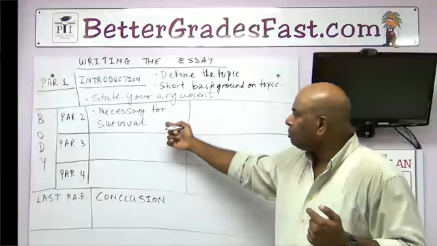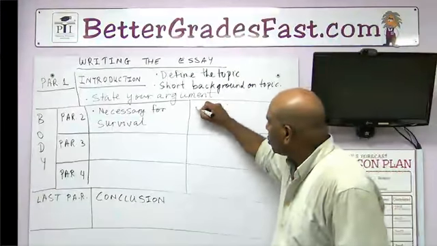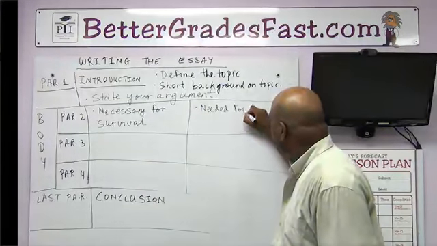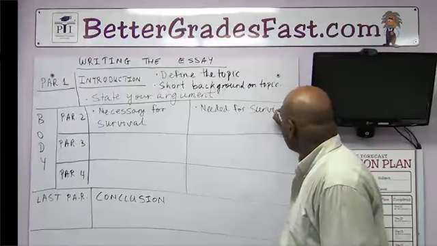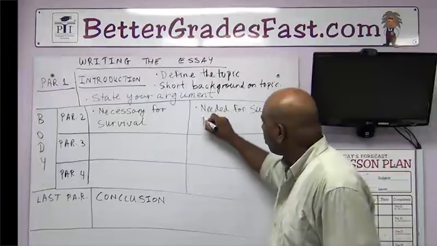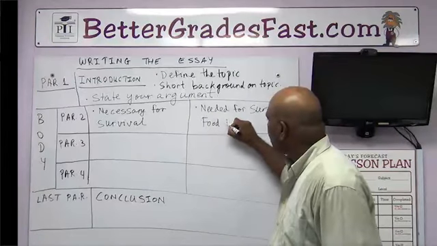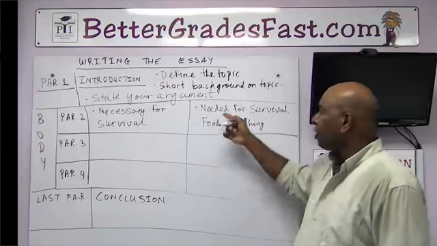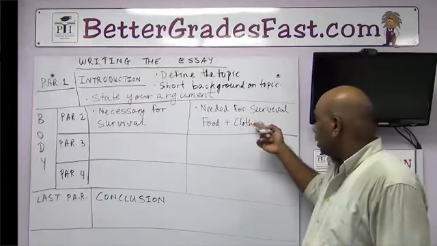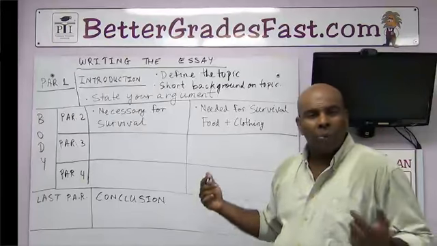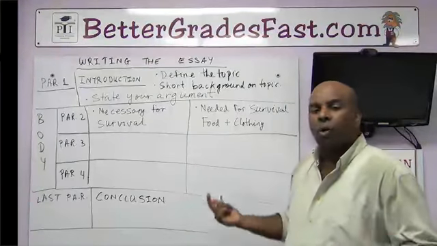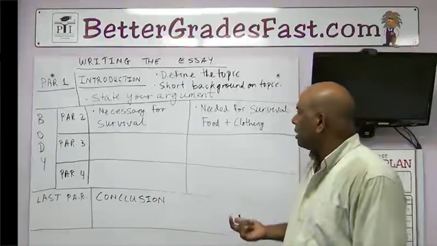Similarly, to this point, industries also are needed for survival. We spoke about industries providing food, clothing, and so on. So if you're arguing for industries, you take that point and you talk about why we need industries to make processed food and having clothing and all the things we need for modern society.